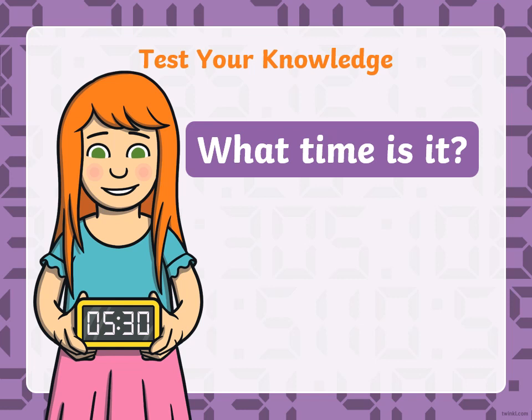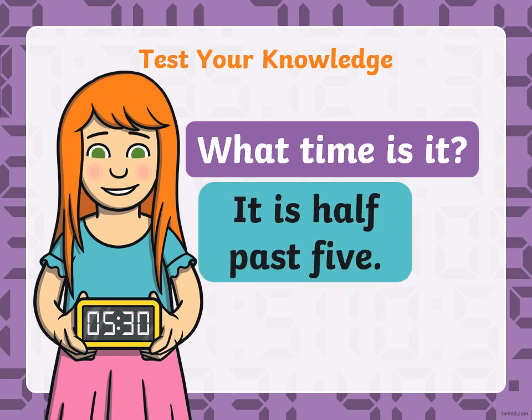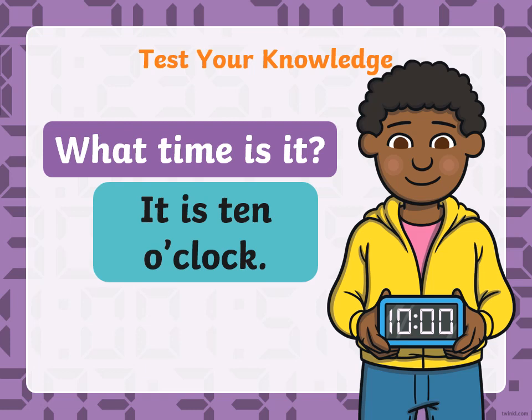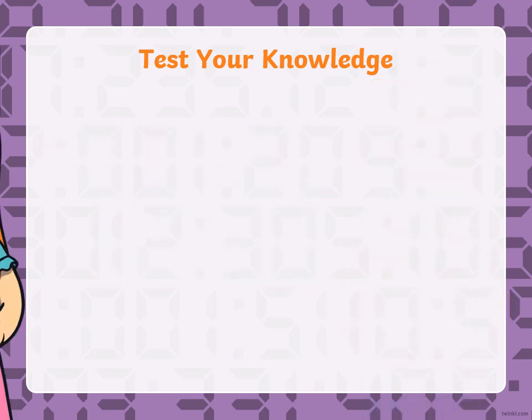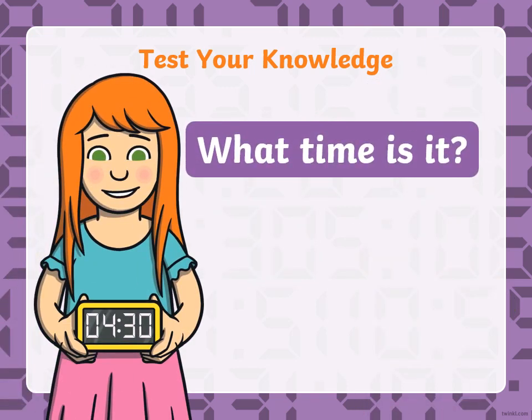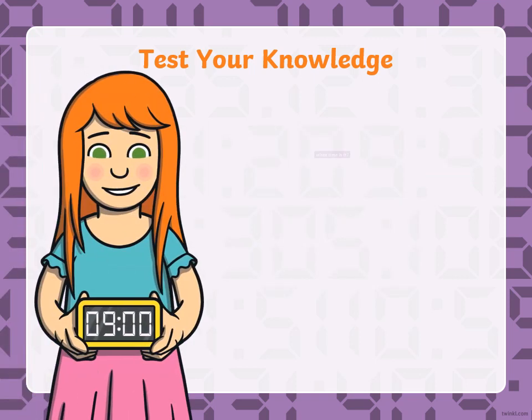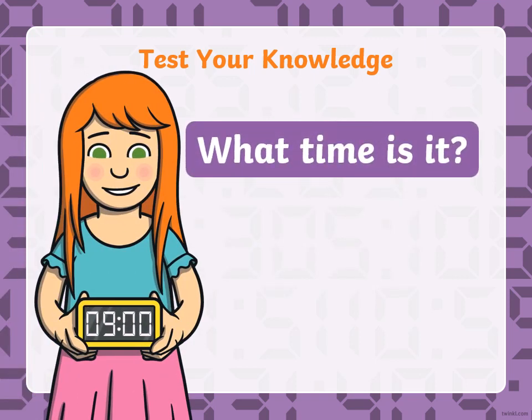What time is it? It is 5:30. What's another way we could say that? Have a think. How about half past 5? What time is it? It's 10 o'clock. What time is it? It is 4:30. What time is it?